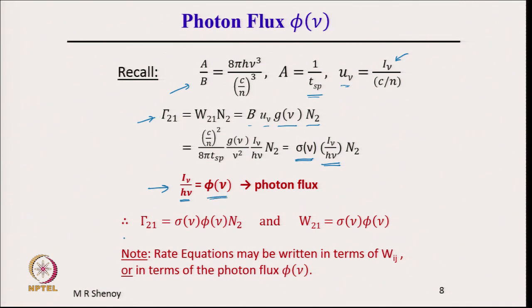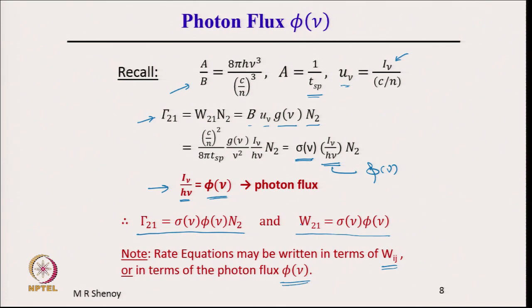Therefore, gamma 21 is equal to sigma of nu times the photon flux phi nu, and because our W21 is equal to sigma of nu into phi nu, the rate equations may be written in terms of these Wij, that is W21, W12, W31, W41 and so on, or in terms of the photon flux phi.